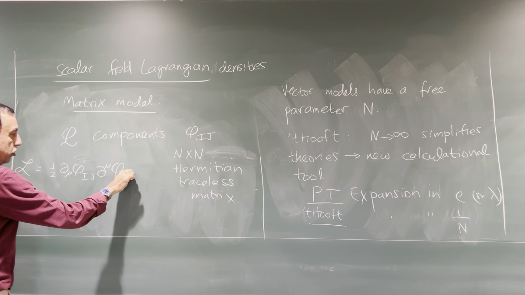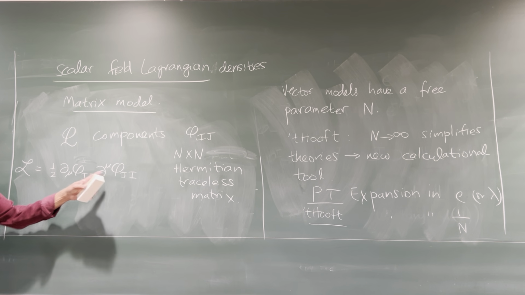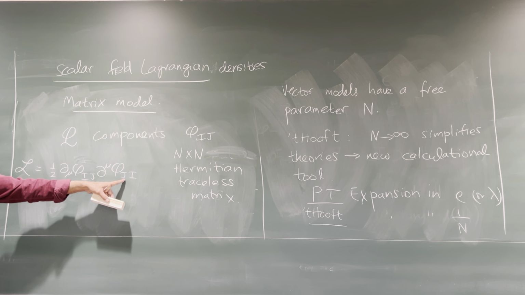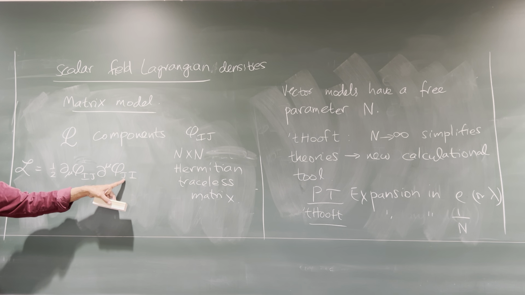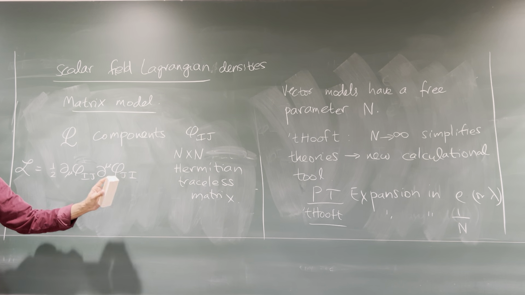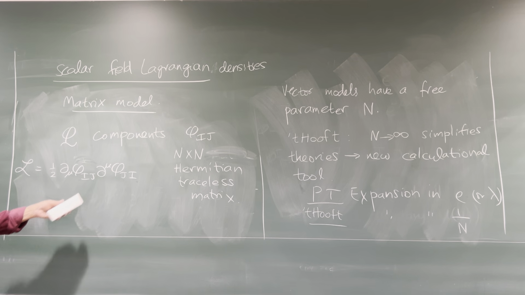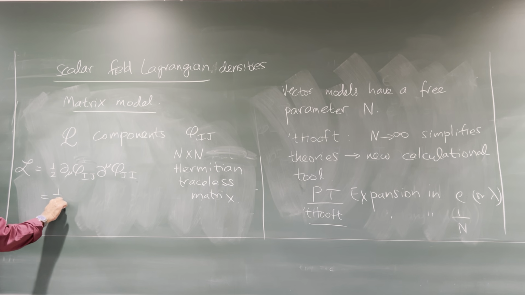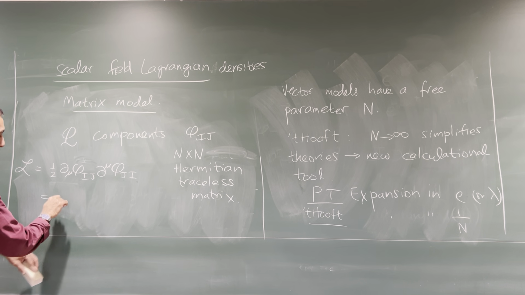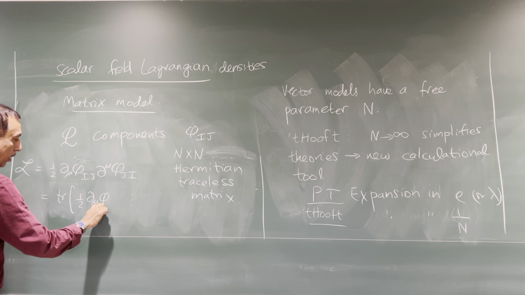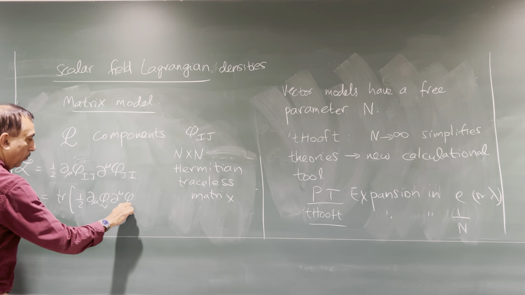What I need to do is to contract the indices, and the way I do it is that this index is identified with this and summed over n values, and then this with this and also summed over n values. And there's a very nice shorthand for this kind of product of matrices. What is it? Trace of the square. So it's half trace. Let's put the trace outside everything. Half trace of del mu phi del mu phi.